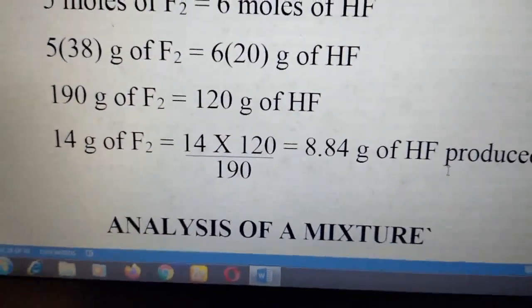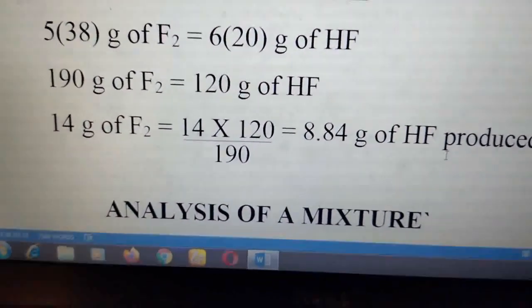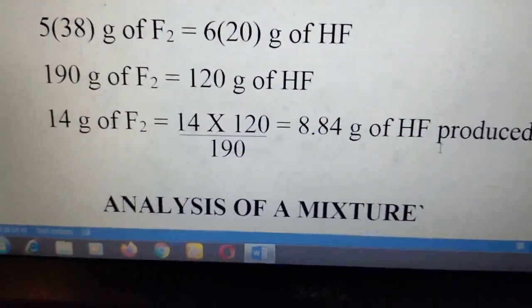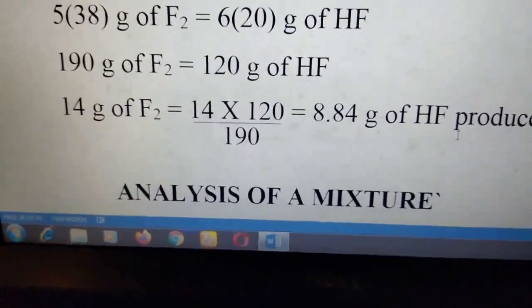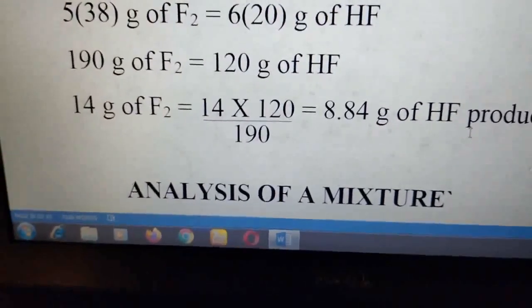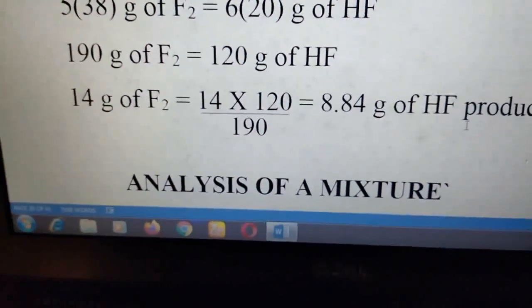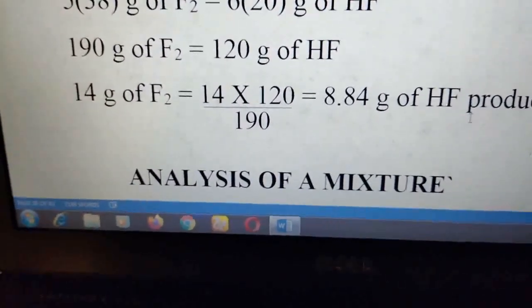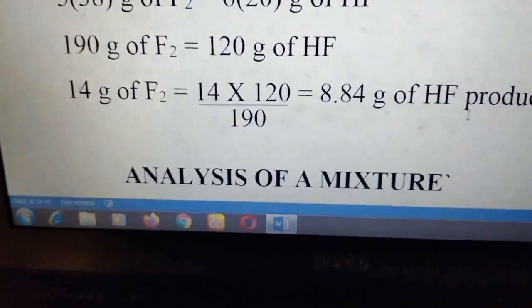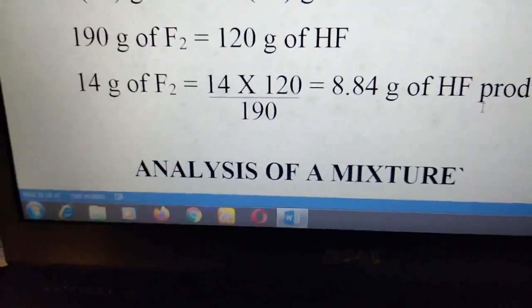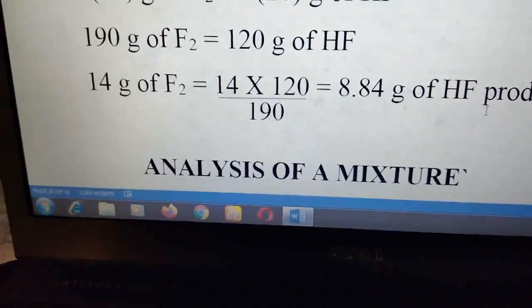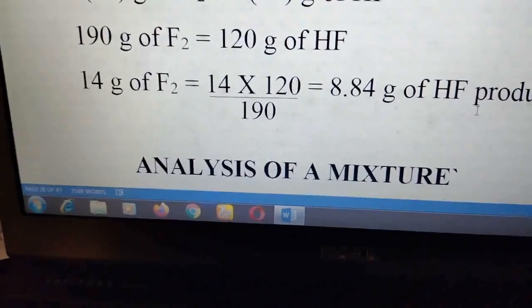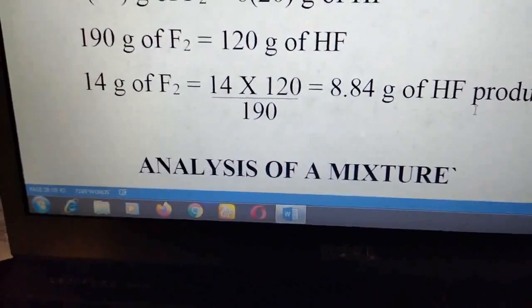So you see, when you are solving problems on limiting and excess reagents, given the initial masses or moles of the reactants, you have to calculate the reacting masses using the stoichiometric ratios from the balanced equation. When you have done that, then for each of the reactants, compare the initial mass to the reacting mass. If the initial mass is higher than the reacting mass, that means the substance is in excess.